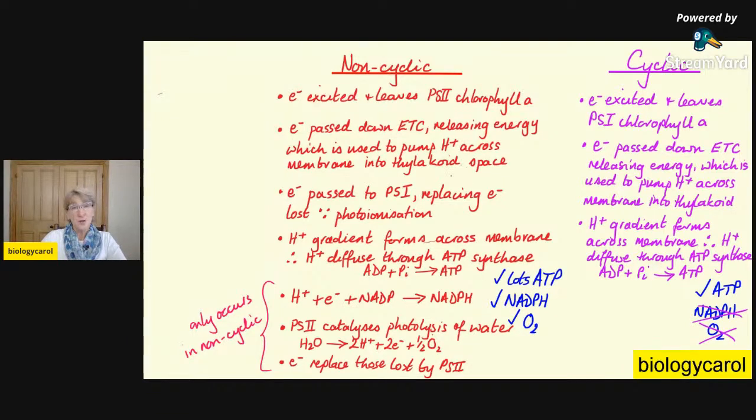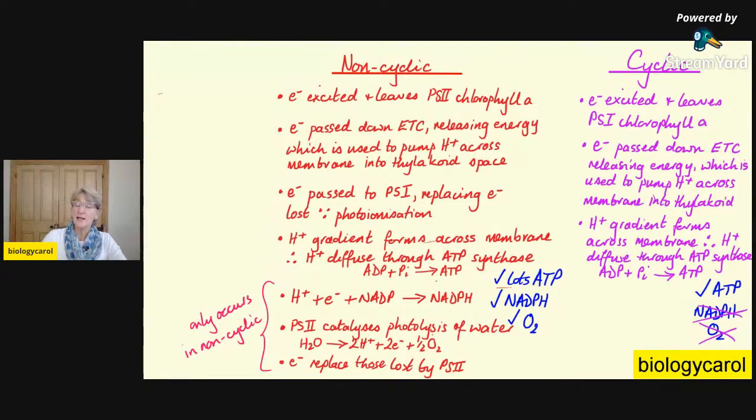So in non-cyclic photophosphorylation, you get loads of ATP because the electrons are going down the whole run of the electron transport chain. Less ATP is produced by cyclic photophosphorylation. These two bits only occur in non-cyclic photophosphorylation.